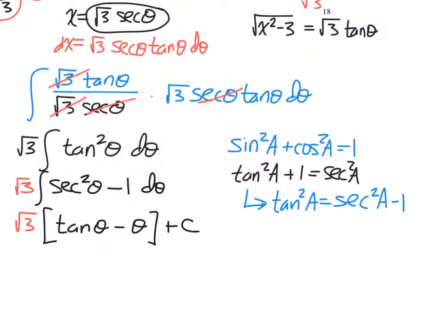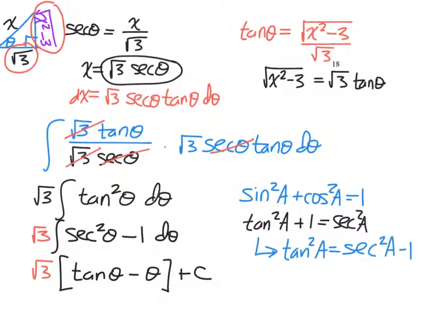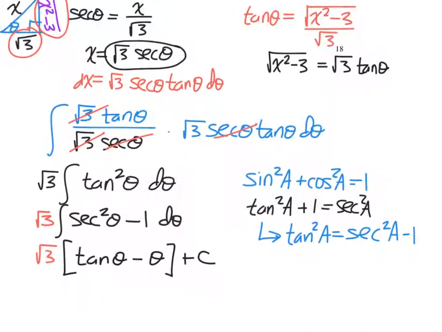plus c. Now we just have to get rid of the thetas. So from the triangle, we can get our tangent ratio. That actually happens to be one of the things that we needed in order to make our substitution, so that's fine. We have the square root of x squared minus 3 over the square root of 3.